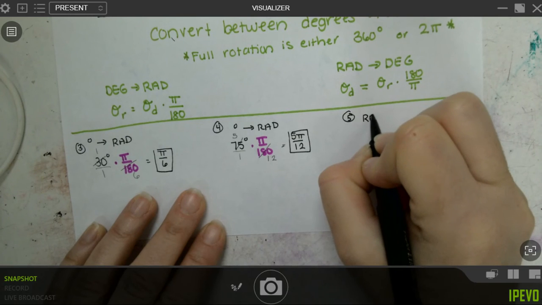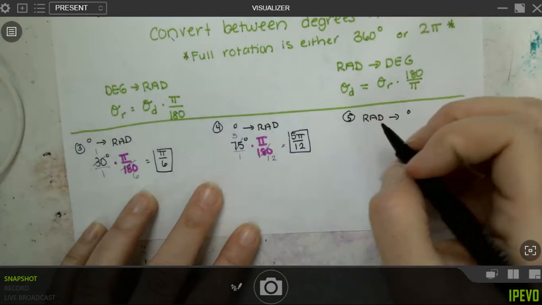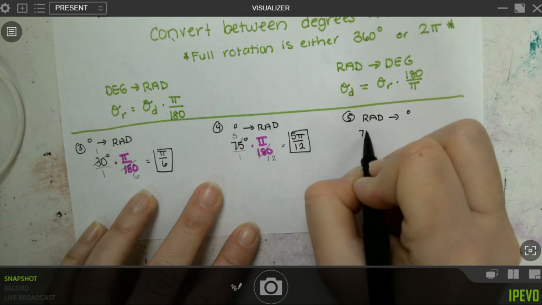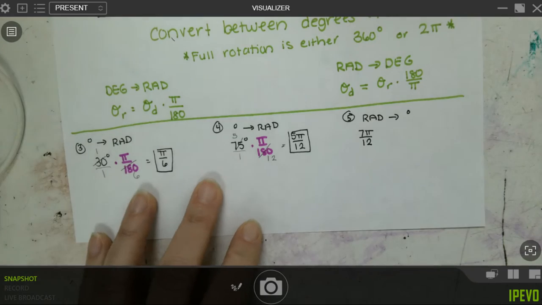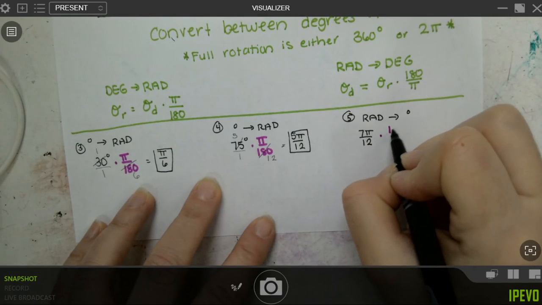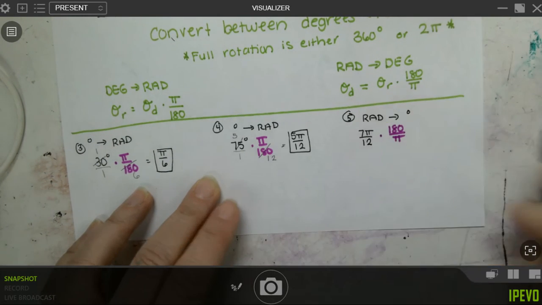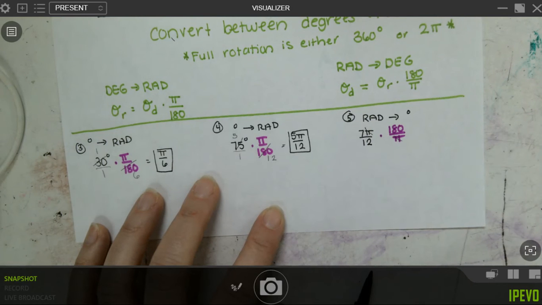All right, now we're going to go from radians to degrees. We're going to start with 7 pi over 12 radians. So again, in order to convert from radians to degrees, we're going to multiply by 180 over pi, which makes a whole lot of sense, because look what we can do. We can cancel out the pi, which is perfect.